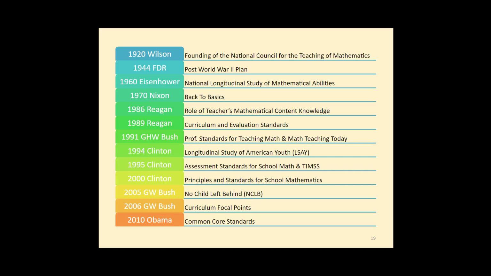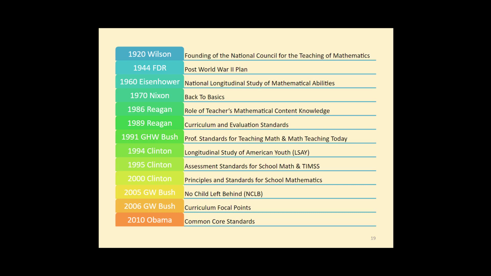So let's look at the major changes in mathematics curriculum and instruction that have taken place in the last 100 years. This graphic shows major changes, not all of which I will discuss in detail, that have contributed to the way that we view mathematics instruction and develop curriculum.